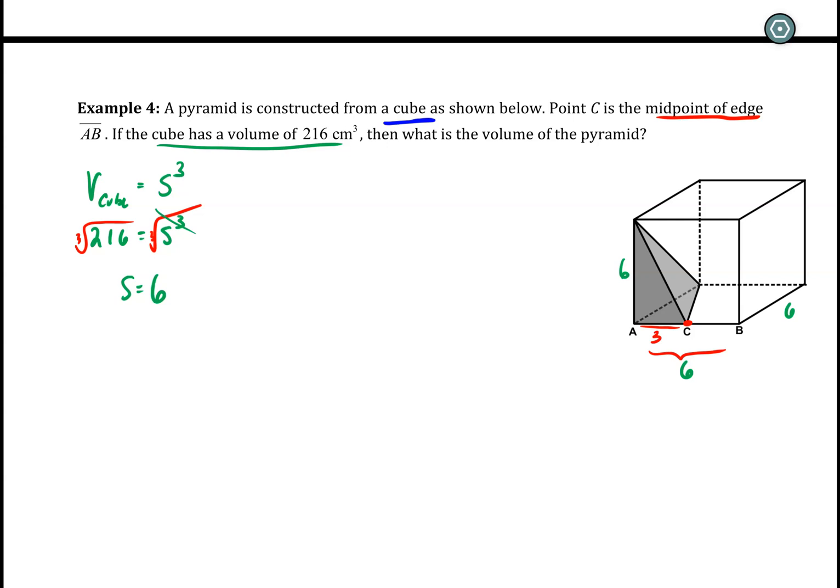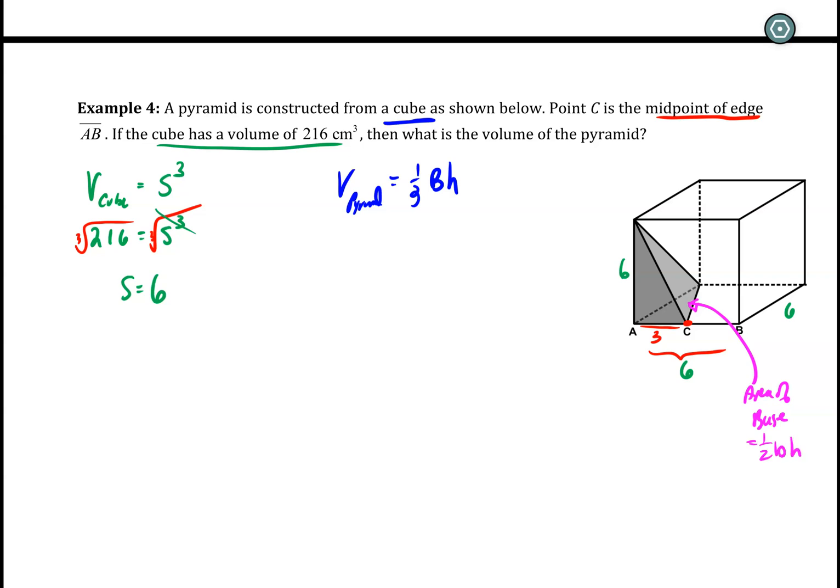All right. So for the volume of the pyramid, 1/3 big B times H. So we're looking for big B. So big B, in this case, I'm going to draw it here, that's the area of the base, which is a triangle. So we've got that to be 1/2 base times height.